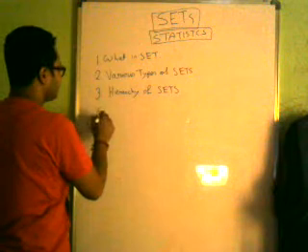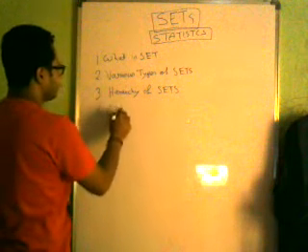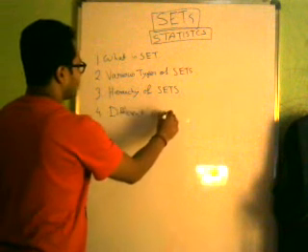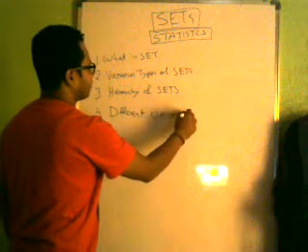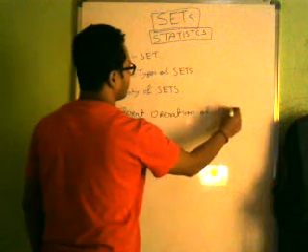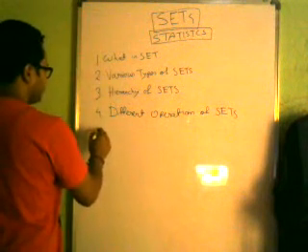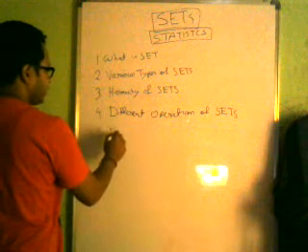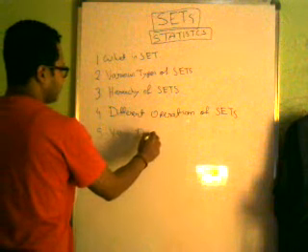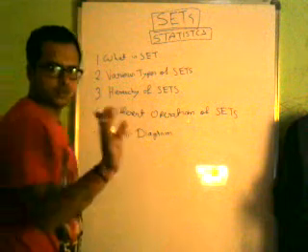Fourth, different operations on sets. Fifth, Venn diagram, or you can say pictorial representation of sets.